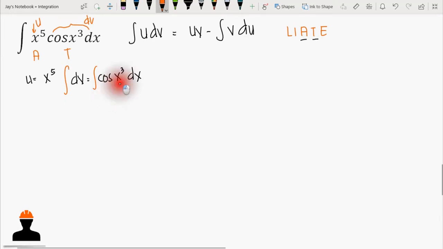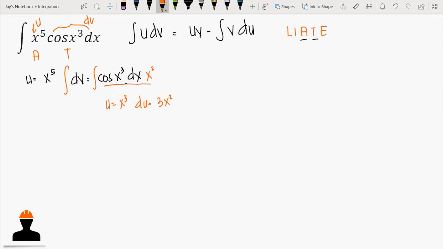We have x cubed as its angle. So if our u is x cubed, then we need du as 3x squared, correct? However, we do not have x squared alongside cosine x cubed. So we need x squared inside our integrand.